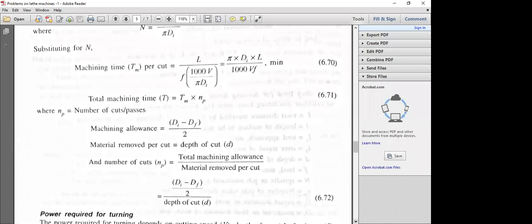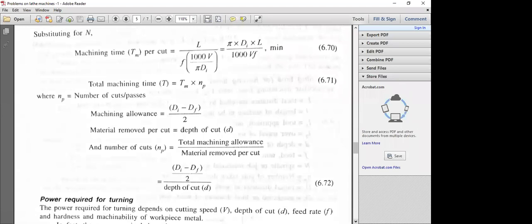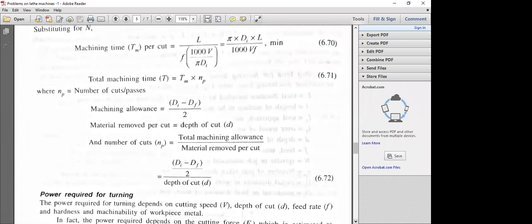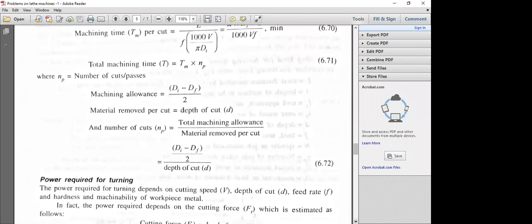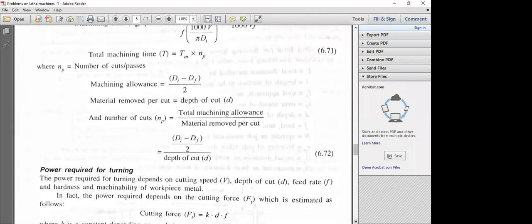Capital D is used for the initial diameter of the job, di, and for the finished diameter of the job you use df. All these things you have to keep in mind. So practice these derivations, which are very important, because you cannot say what will be given in the final exam, and practice the problems related to this.